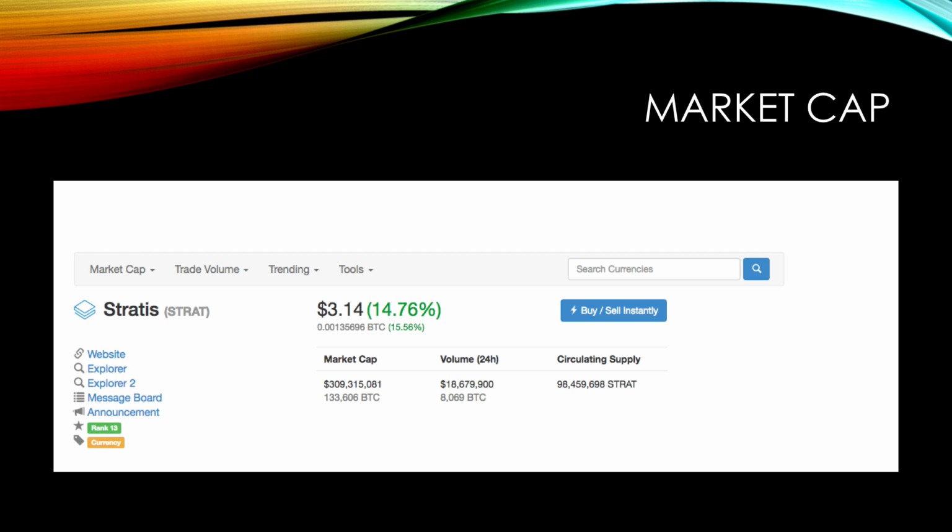It has a total market cap of $309,315,081 as we speak. So it has a lot of growth potential, as you can see from this.